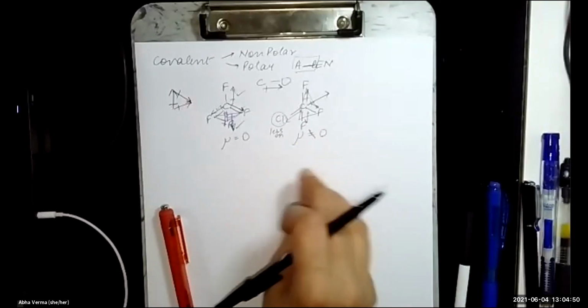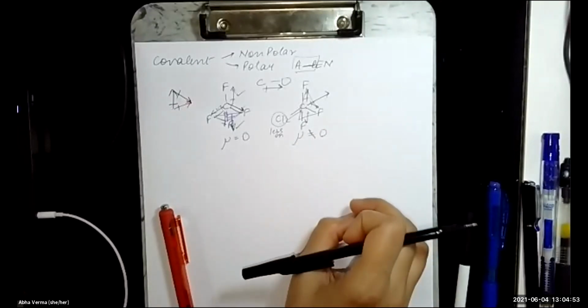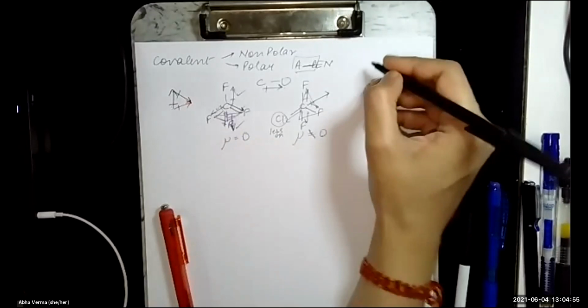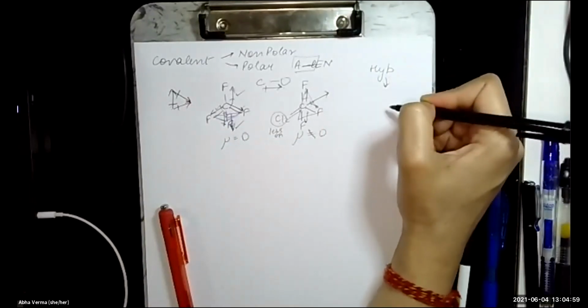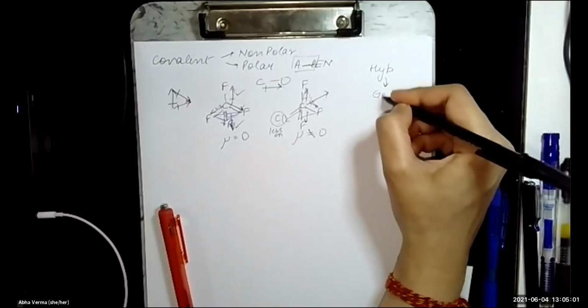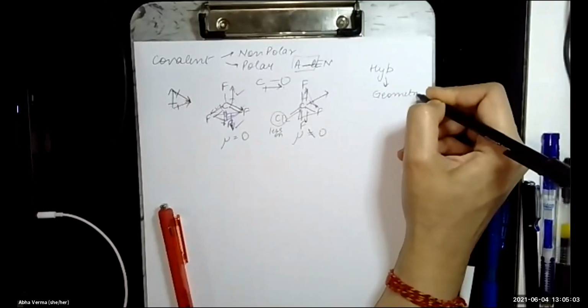So when you're thinking about a molecule being polar or non-polar, think about the hybridization first. Based on their hybridization, you will know their geometries.